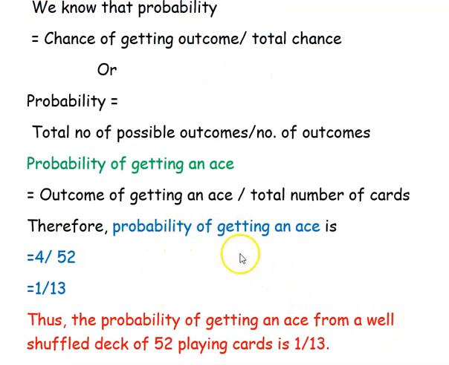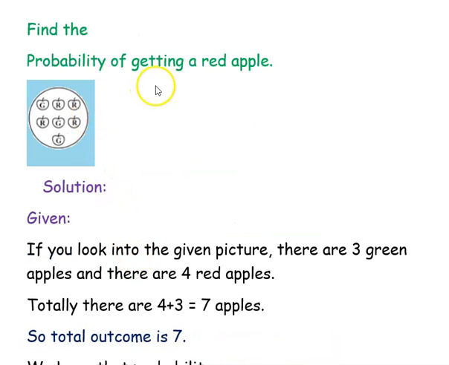There are 4 ace cards, and there are a total of 52 cards, so it's 4 divided by 52. If you simplify, you will get 1 divided by 13. Thus the probability of getting an ace card from a well-shuffled deck of 52 playing cards is 1 divided by 13.